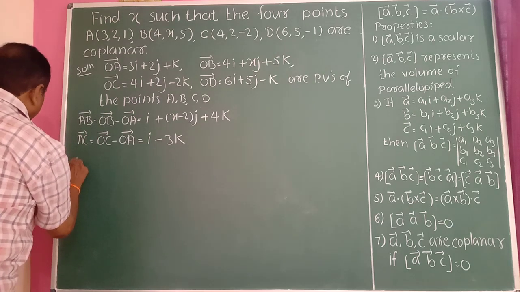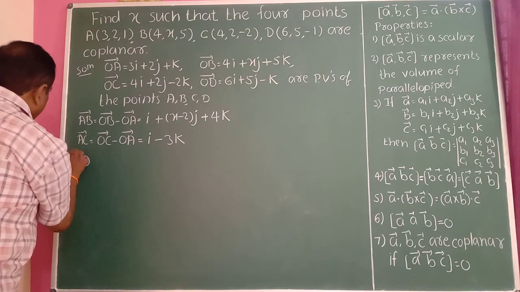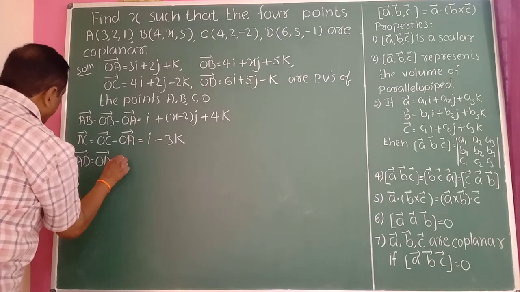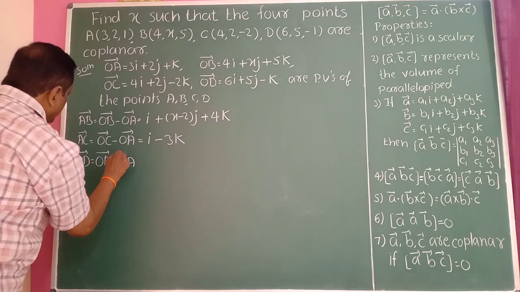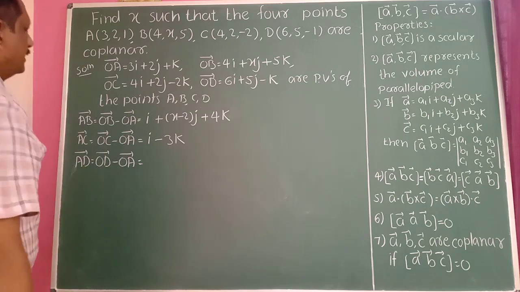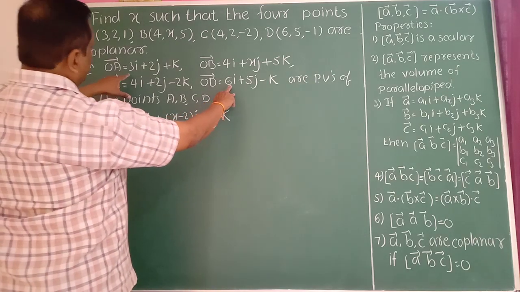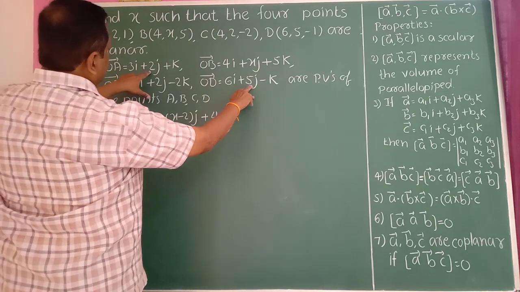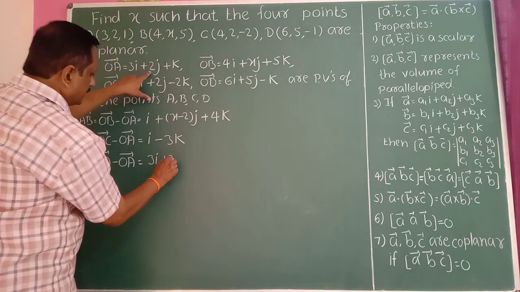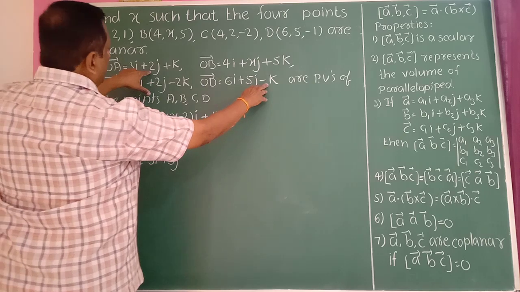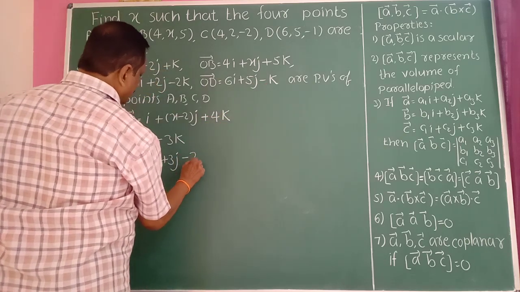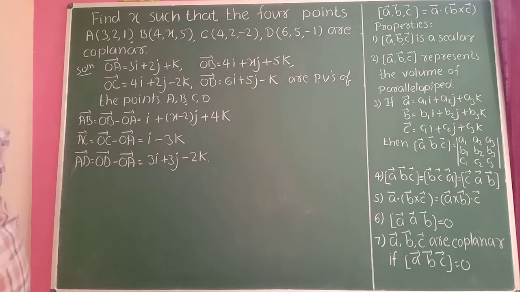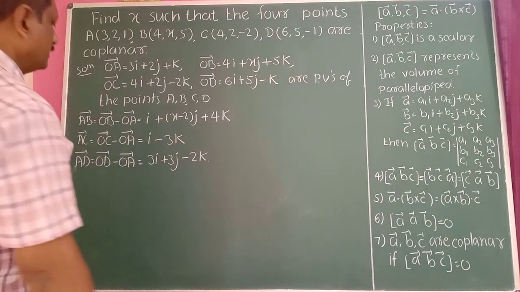Then the vector AD is equal to OD minus OA. That is equal to 6i minus 3i becomes 3i, 5j minus 2j becomes 3j, and minus k minus k gives minus 2k.